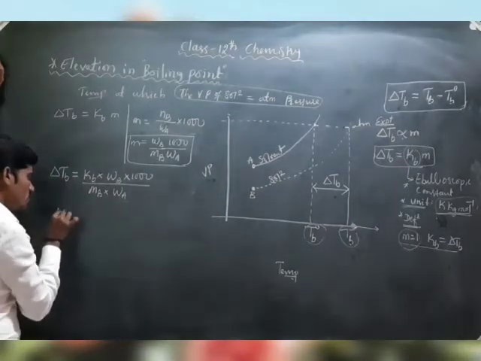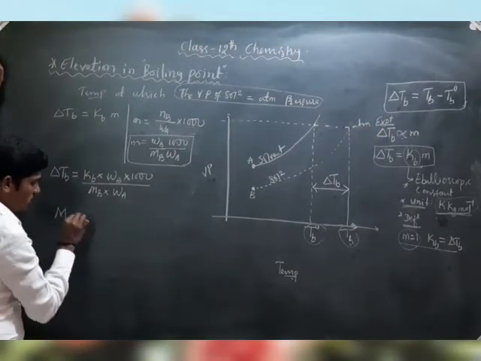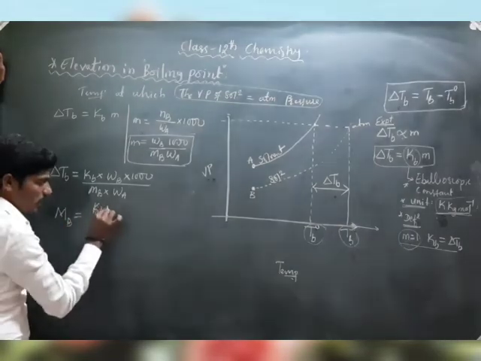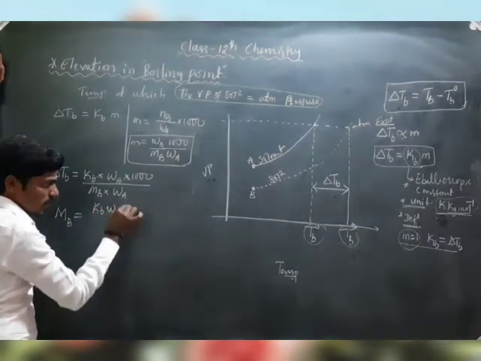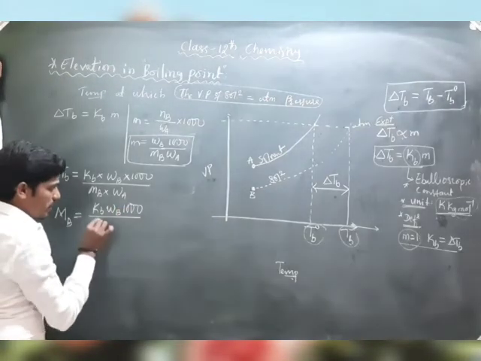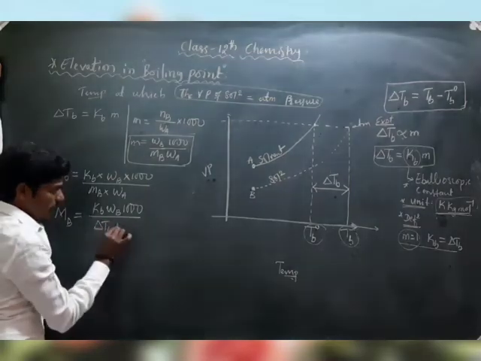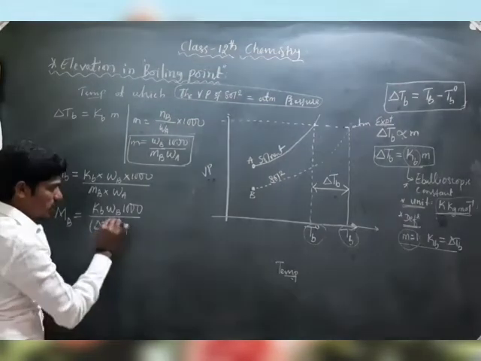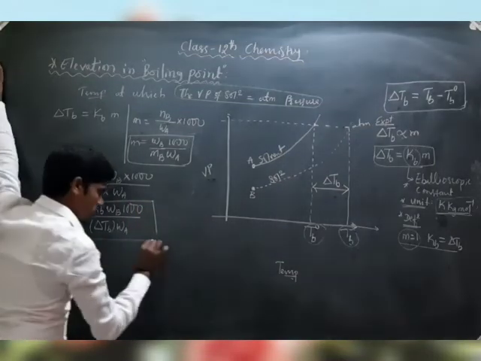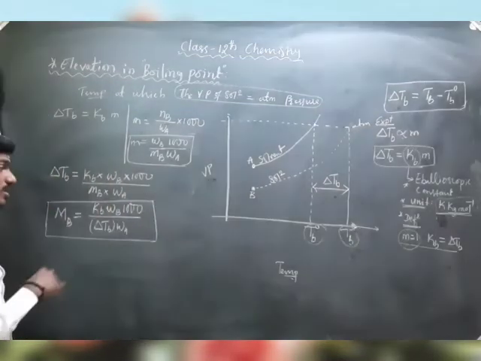Now we want the formula for molar mass. Therefore, molar mass of solute is equal to KB into WB into 1000 divided by delta TB into WA. Please note this formula.